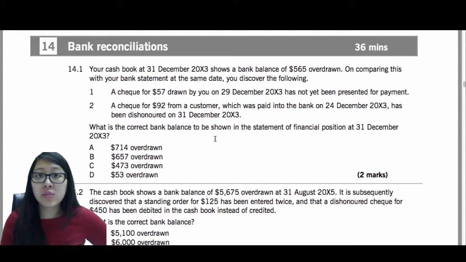So technically we were supposed to receive a payment of $92, but we did not because the bank rejected it. We would have assumed that we received the check. So on 24 December, what we would have done is added that $92 into our cash book. But now it's 31st December, we did not receive the payment, so we will need to remove that $92 from our cash book.